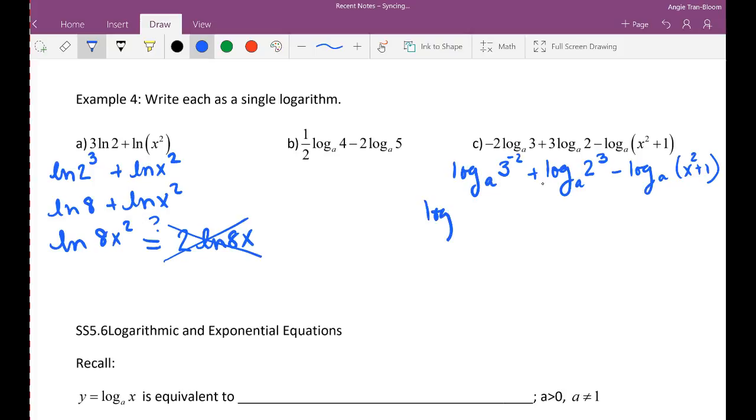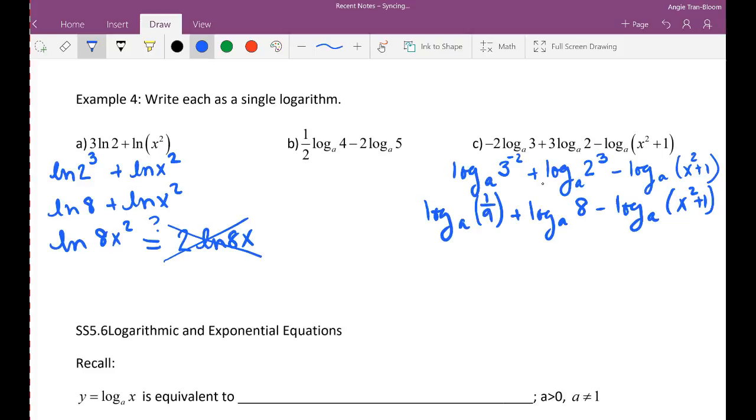Perfect. So now I'm going to write log base A of 1 divided by 9. What do we have for 2 cubed? Michaela J. I'm sorry, 2 cubed. Thank you. My bad. 8. Log base A of 8. Thank you. And I'm just going to drop down log base A of x squared plus 1. Okay. All the exponents are taken care of.